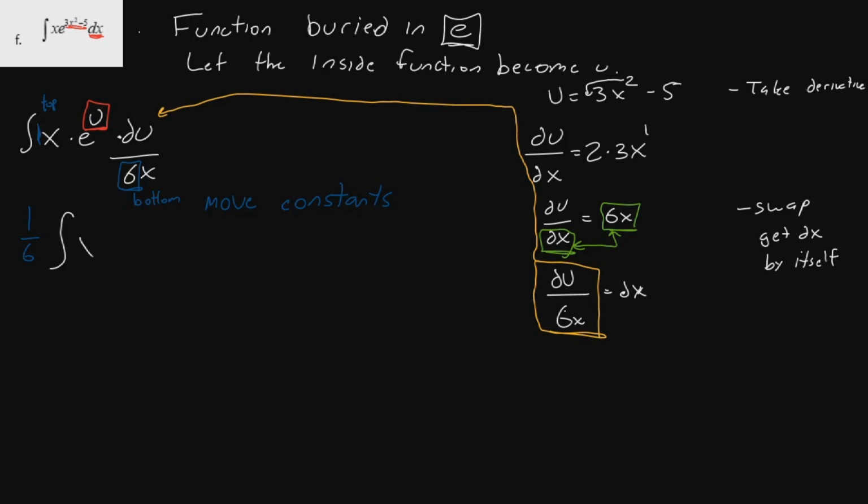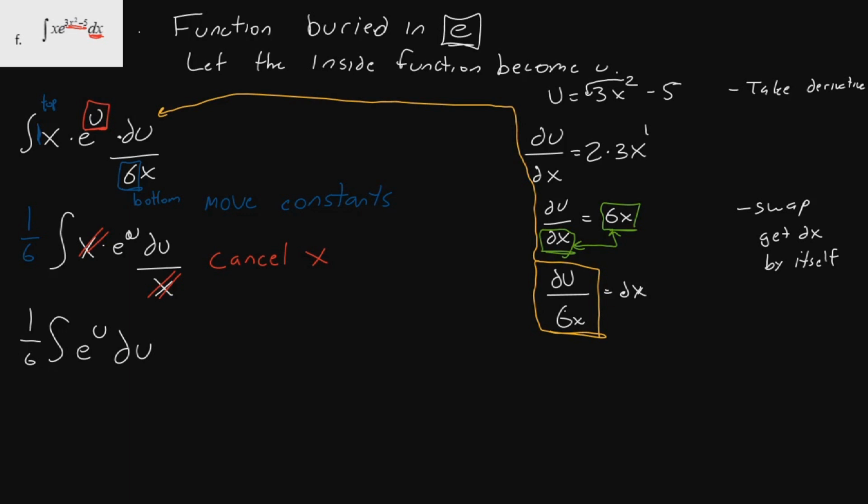And I will now have x times e to the u du over x. Now, I can cancel something on the top that's also on the bottom. That's my x. Let's cross them both out and write down what's left, 1/6 integral of e to the u du.